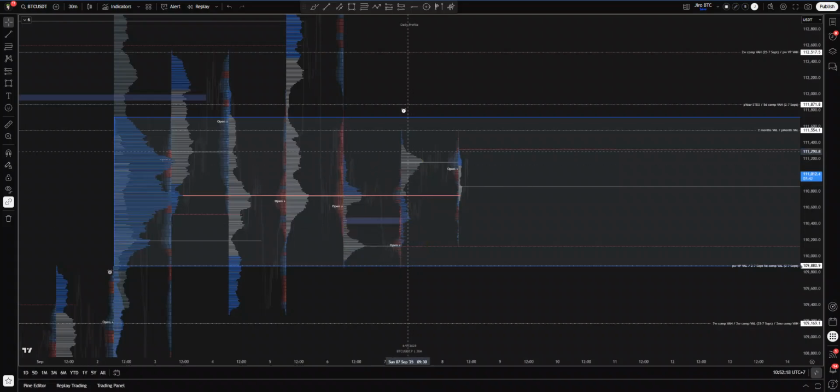So for today, we are actually working with a fair auction from last Sunday. POC also already tagged here, so nothing much we can work with. Nothing much we can work using the previous day value.